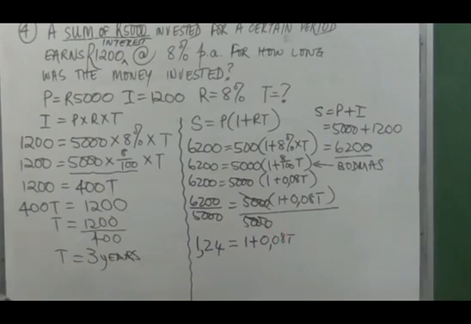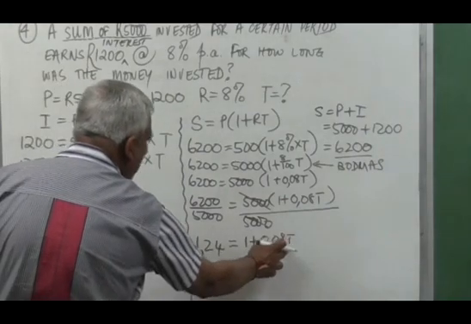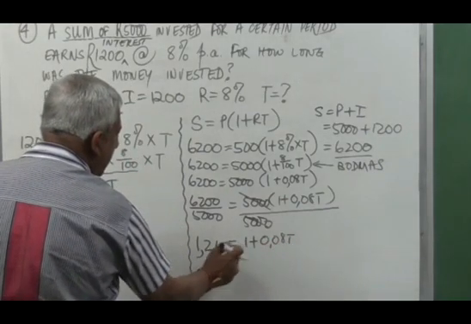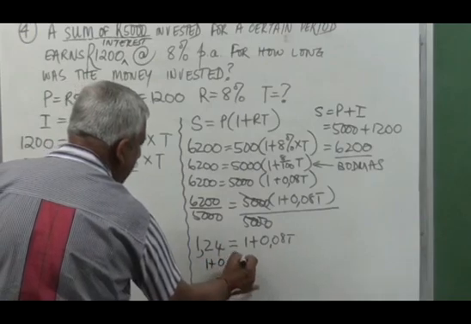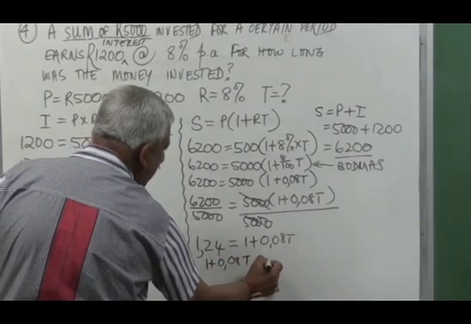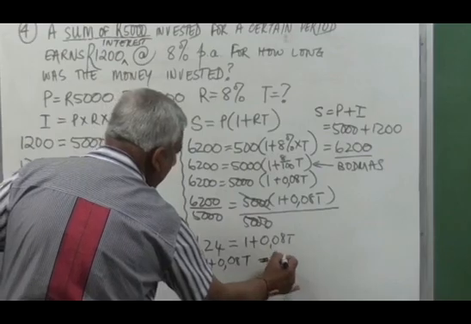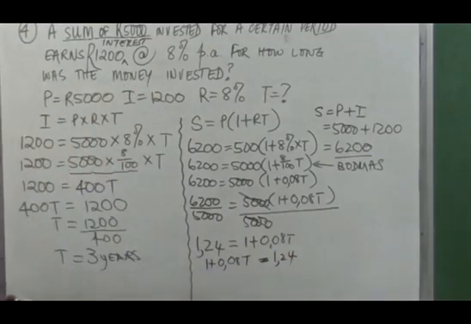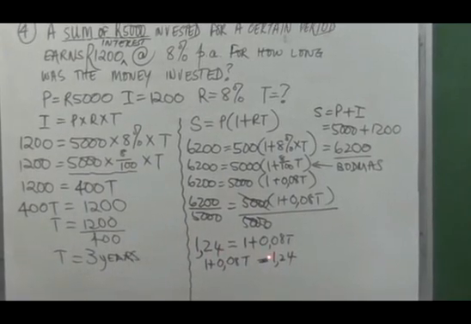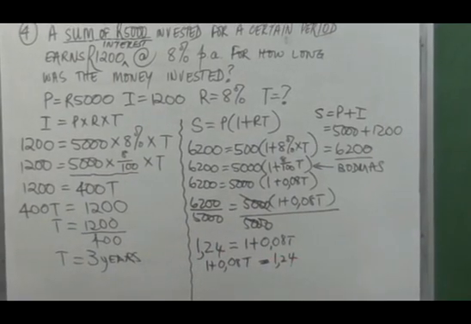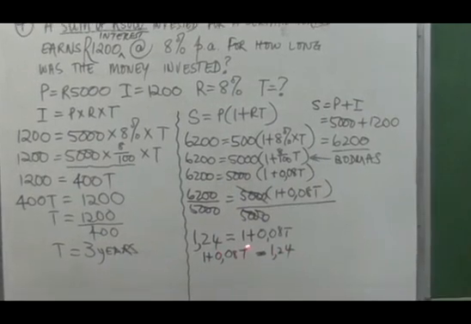Once again, I like to bring all this to the left hand side. So I will have 1 plus 0,08 t is equal to 1,24. See, there's a rule in equation which says if you bring everything from the right hand side to the left hand side and take everything from the left hand side to the right hand side, then no signs change.